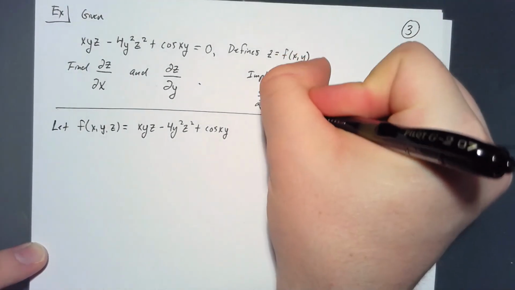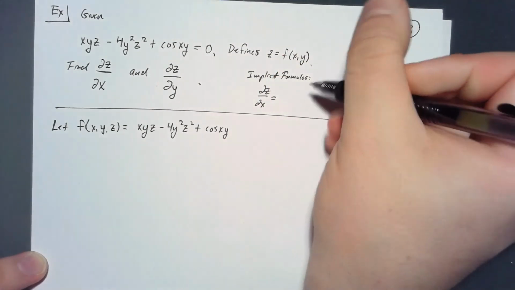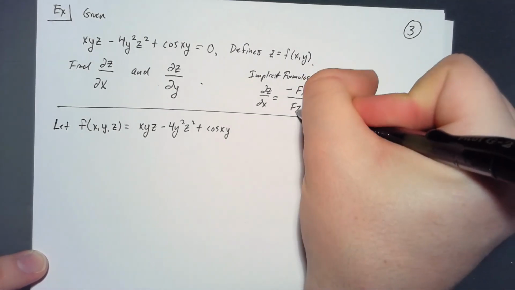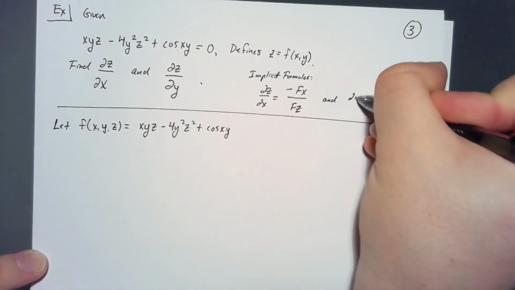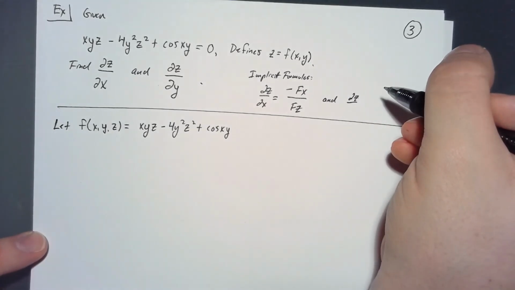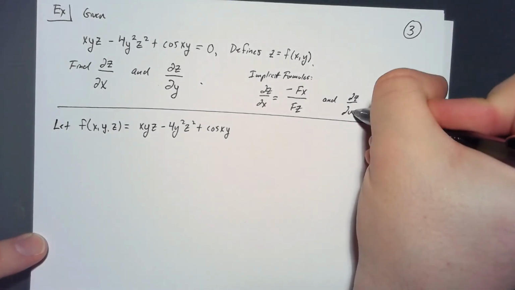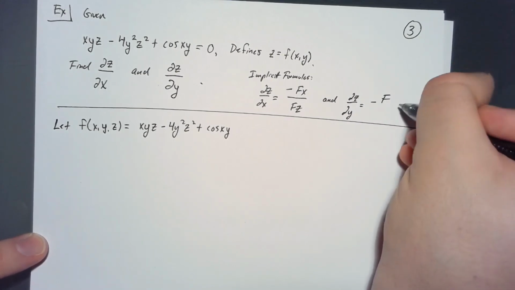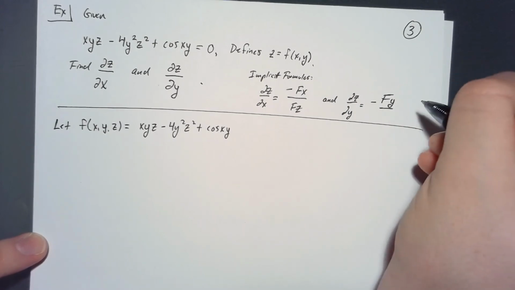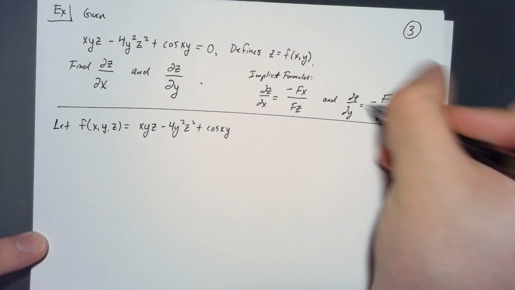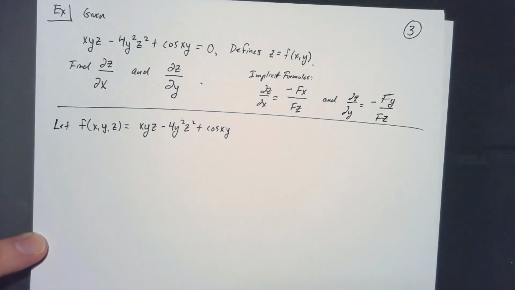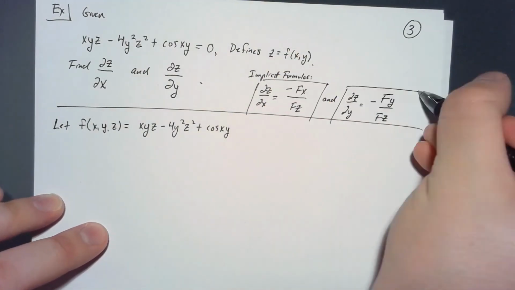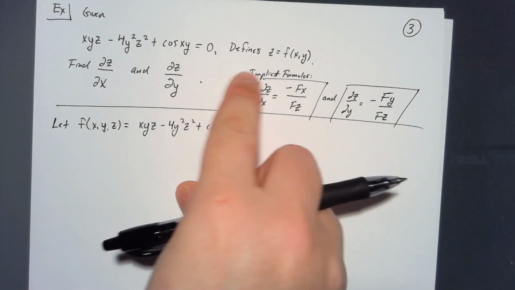The partial of z with respect to x equals negative the partial of the function with respect to x over the partial of f with respect to z. And the partial of z with respect to y equals negative the partial of the function with respect to y all over the partial of the function with respect to z.